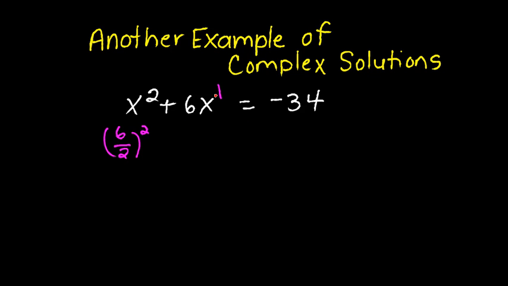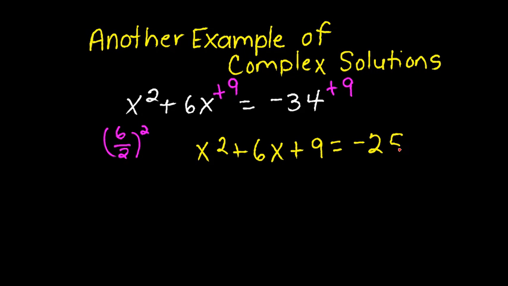So I need to add a plus 9 here and a plus 9 there. So let me rewrite that. x squared plus 6x plus 9 equals negative 25. I can factor this perfect square trinomial into x plus 3 squared equals negative 25.